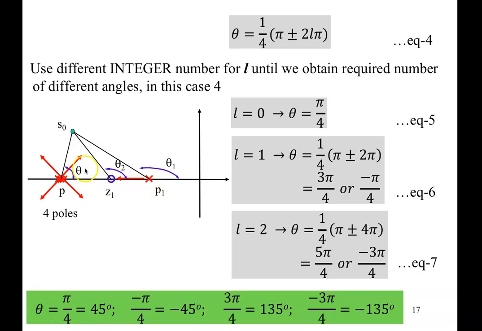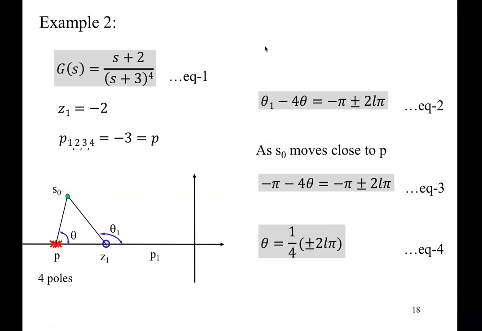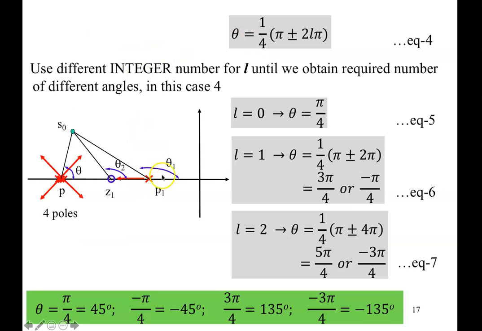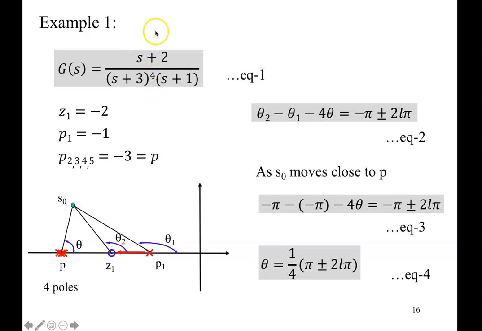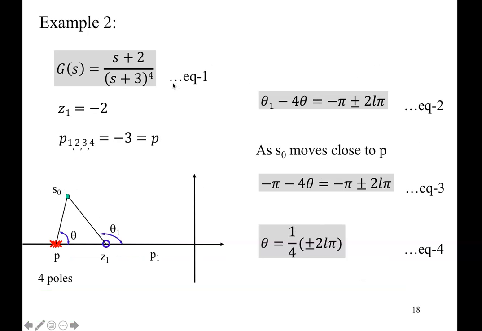It doesn't necessarily mean that because it's a multiple pole of order 4, the angles will be 45 degrees or minus 45 degrees, because if I change the transfer function slightly, say taking s plus 1 away to give a different system, then the answers will be different.